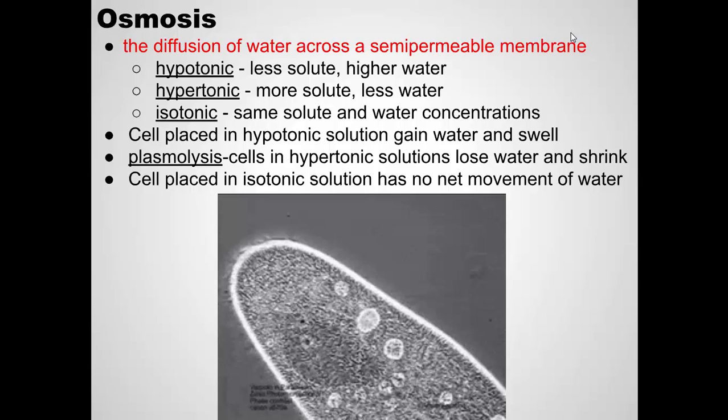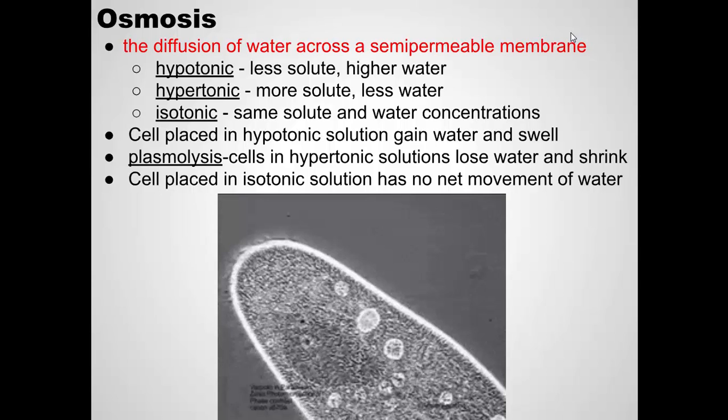So if we think about those names, when cells are placed in a hypotonic solution, they lose water and they shrink, they shrivel up. When cells are in a hypertonic solution, I'm sorry, did I say that? I mixed that up. So cells placed in a hypotonic solution gain water. Hypotonic has high concentration of water.